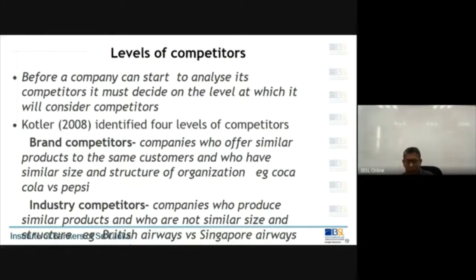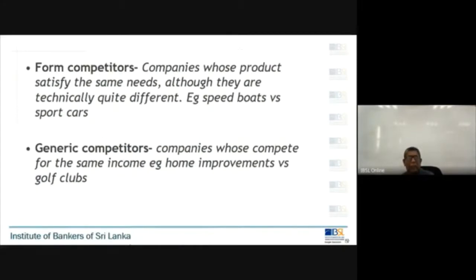Right? Then competitors who provide the same satisfaction of needs to customers. Generic competitors, like pharmaceutical and things like that. So you need to understand the different types of competitors just for your understanding.